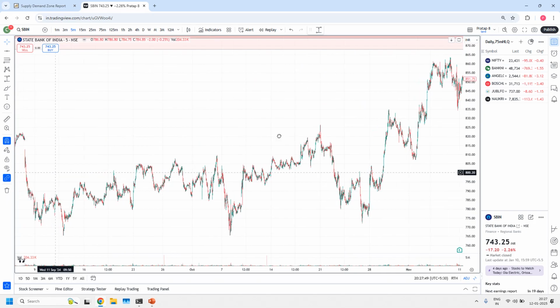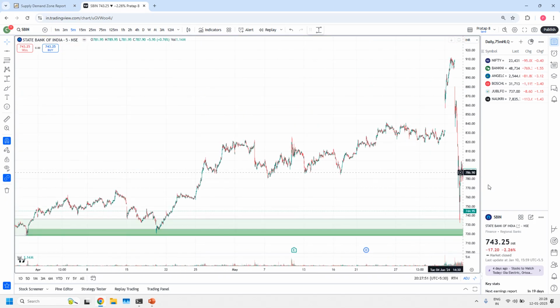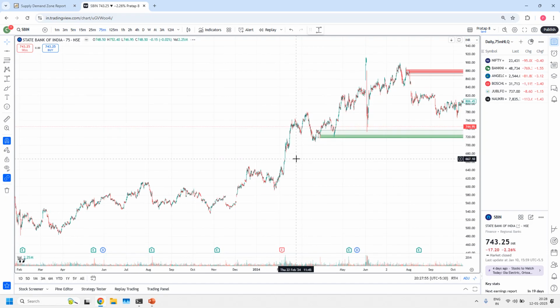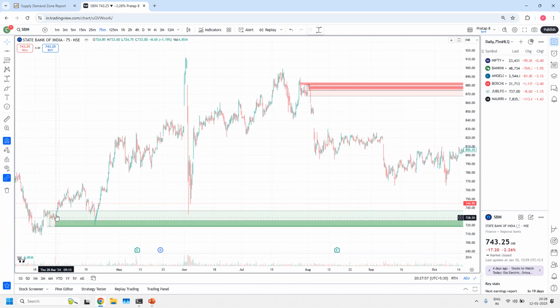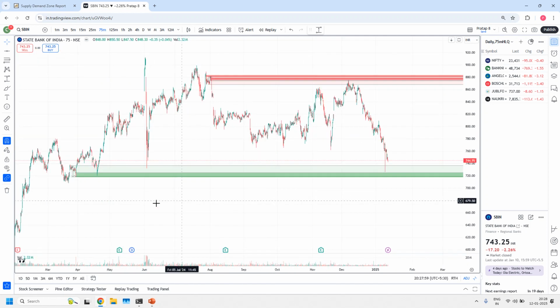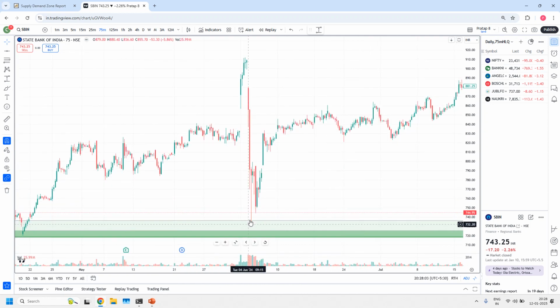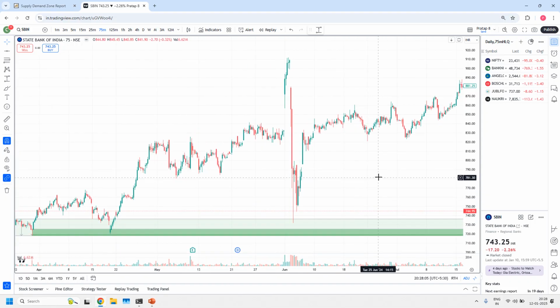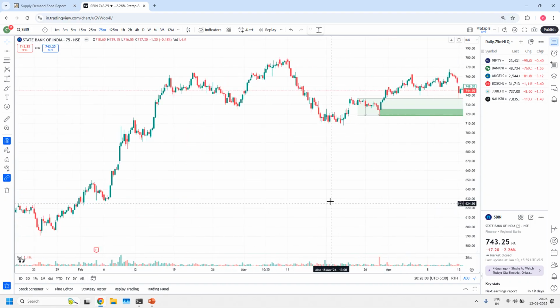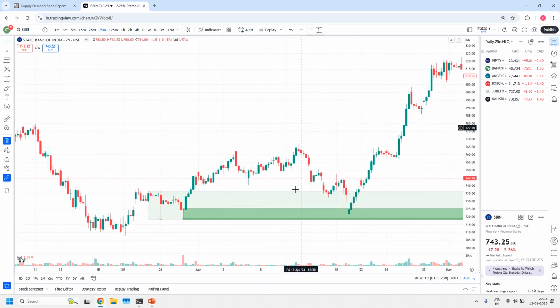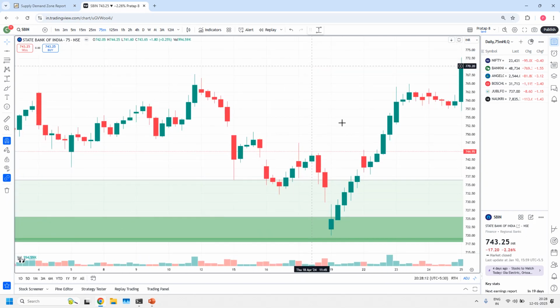But recently, when prices entered into the zone and moved away from this zone, are any new 75-minute zones created here? From here we have fine-tuned. But what about this? Here no 75-minute zone, it picked up. Here 75-minute structures are not clear.